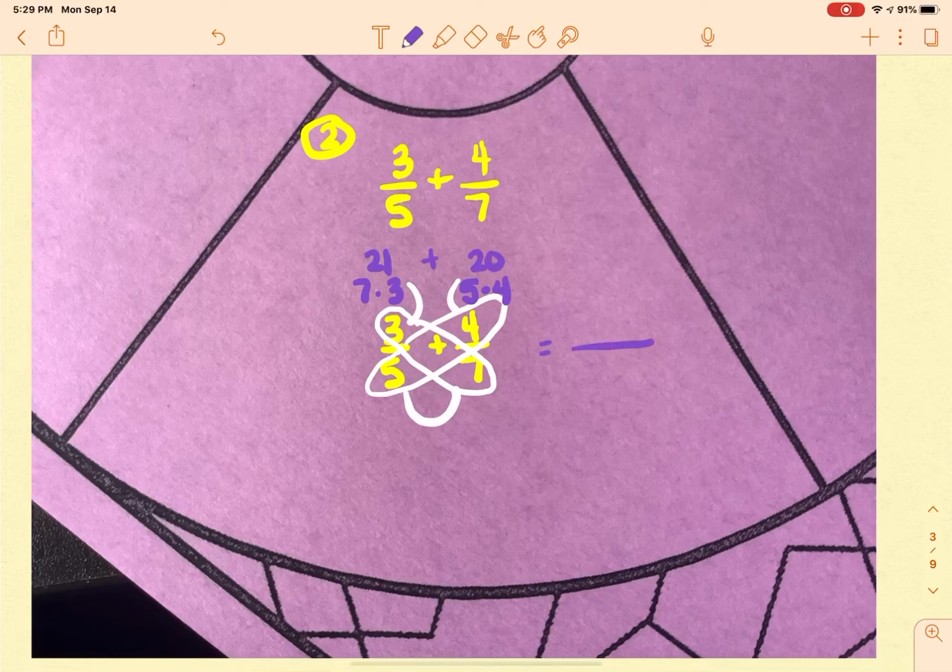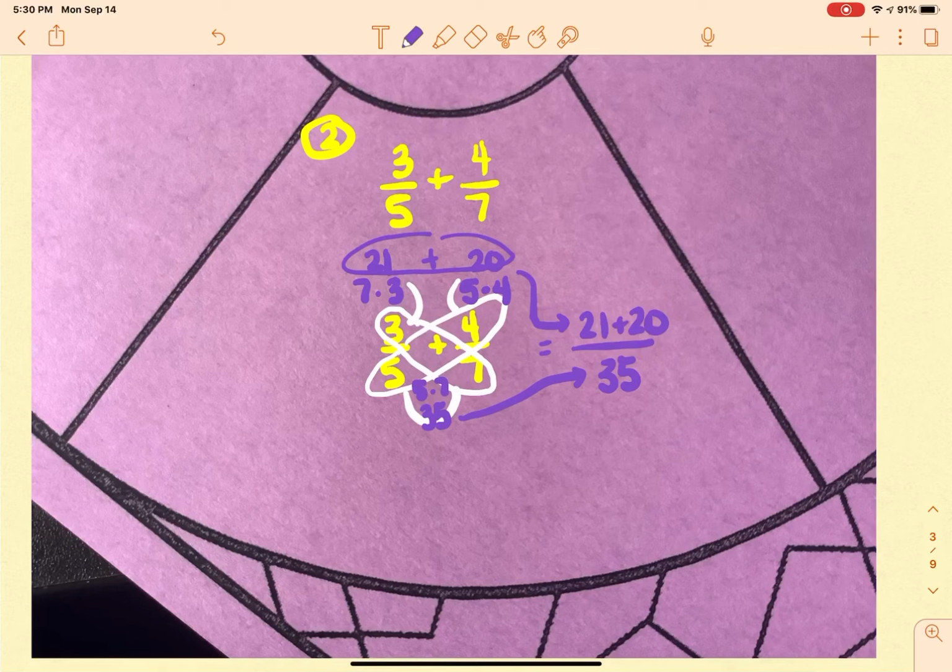So to do the top of my fraction, I put those two together. To get the bottom, I've got to put these two together to put them here. So 5 times 7, which is 35. That goes here. So this will be 41 over 35.